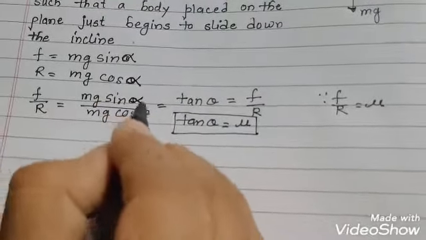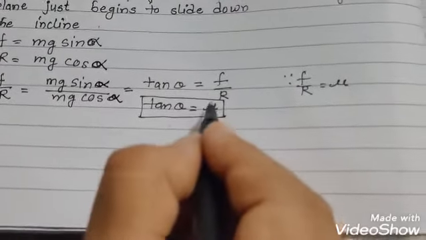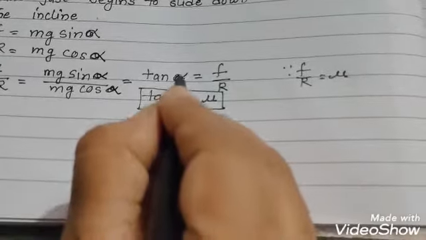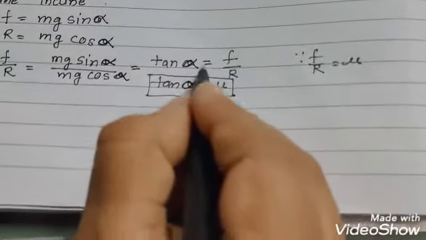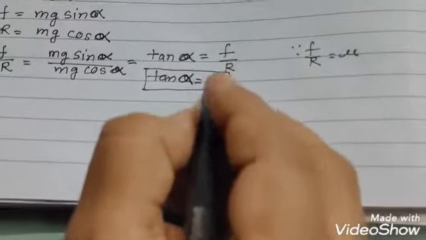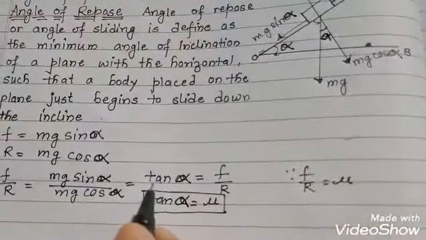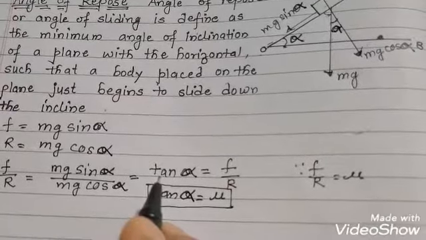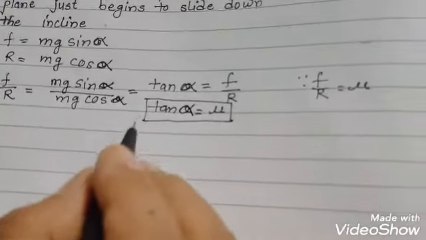So this becomes mg sin alpha upon mg cos alpha, which is tan alpha, and tan alpha is equal to F upon R. Purposely I have changed this angle theta to alpha here, because previously we mentioned the angle of friction as theta, and this time I have mentioned the angle of repose as alpha.